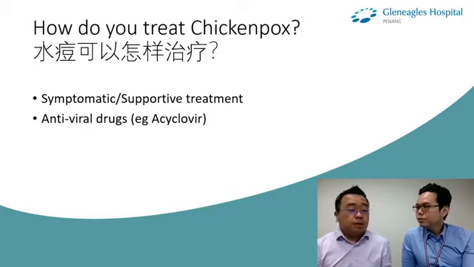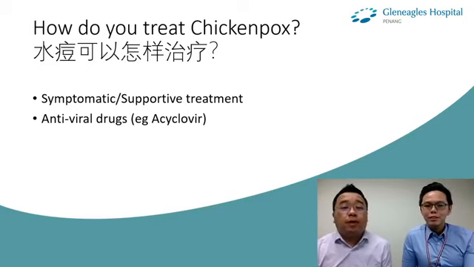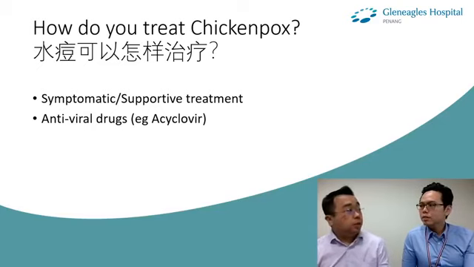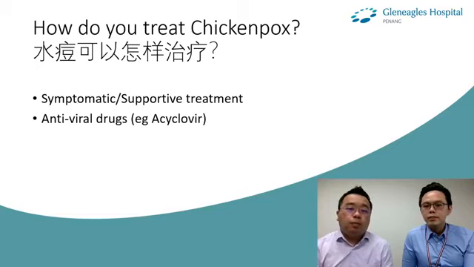Okay, so how do we treat chickenpox? One of the first steps is definitely what your mom gave you in the past. It's just symptomatic treatment. And like I said earlier, chickenpox is very mild. So if you have fever, we give you medication like Panadol to reduce your fever. If you have cough, we give you cough suppressant, things like that. But one of the drugs we can use is called an antiviral. One of the examples is acyclovir. It's specific for chickenpox. It's not exactly a cure, but it reduces the virus's ability to replicate, so the virus doesn't get to a larger amount.